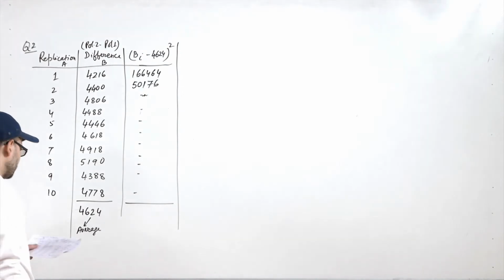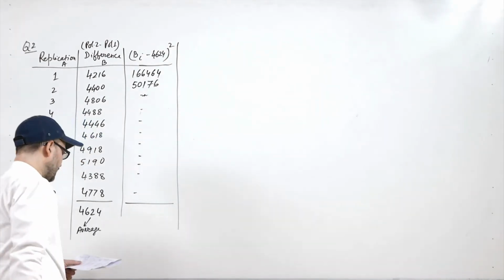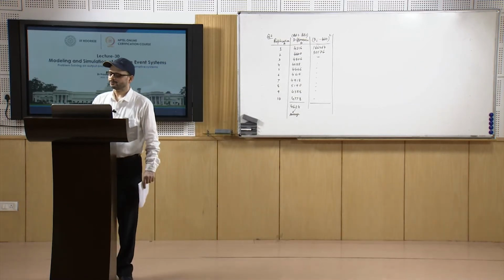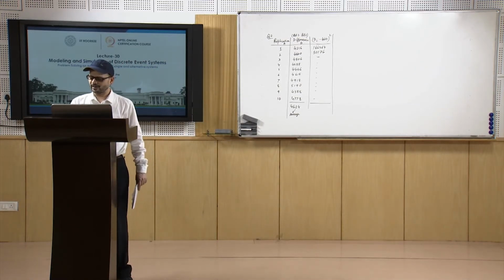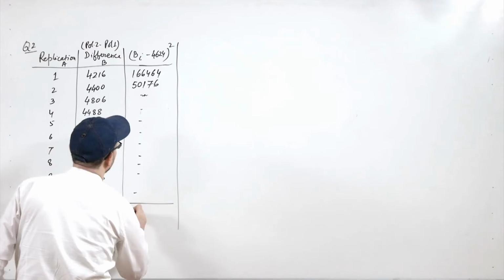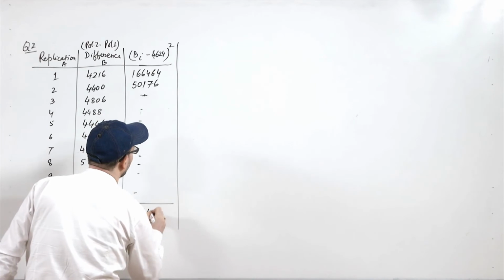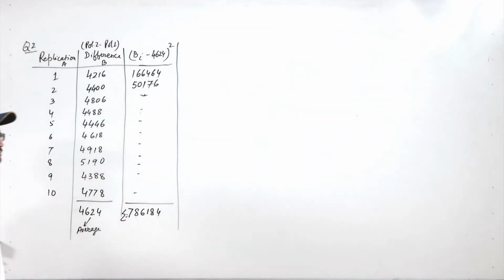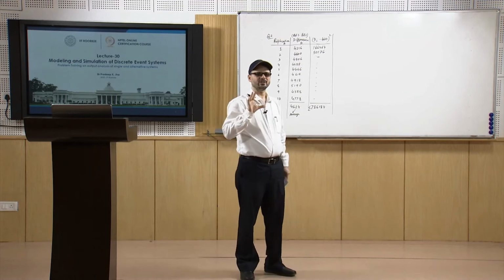This summation is coming out to be 786,184. This is the summation of the values. Now, this is to be divided by n into n minus 1, that is 90.